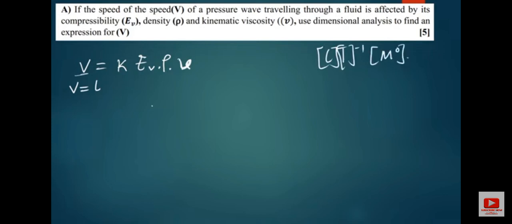It's still fine, because any number raised to the power 0 will still give you 1. So it doesn't matter whether we add m to the power 0 or not.